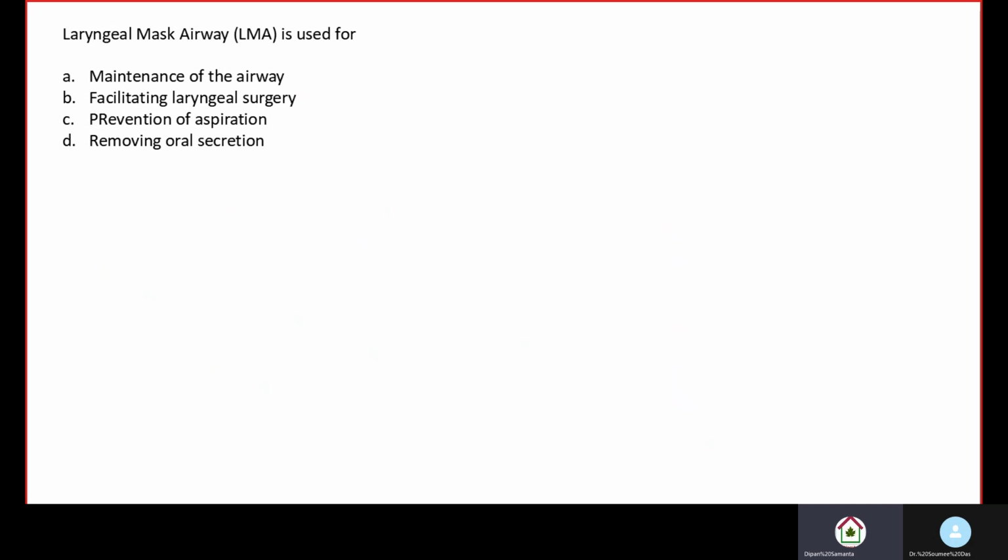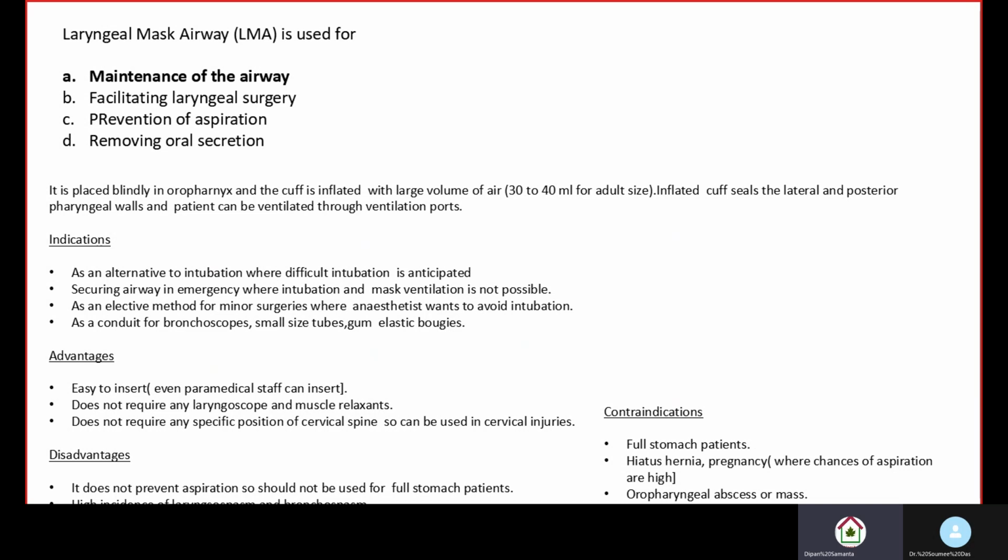Laryngeal mask airway is used for maintenance of the airway, facilitating laryngeal surgery, prevention of aspiration, removing oral secretion. The answer will be maintenance of the airway.